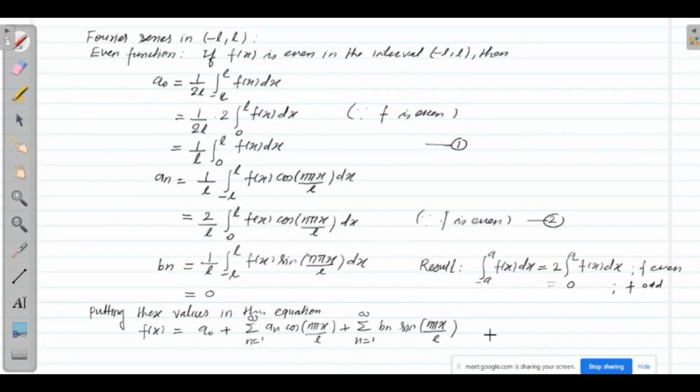From this equation we get the required Fourier series.